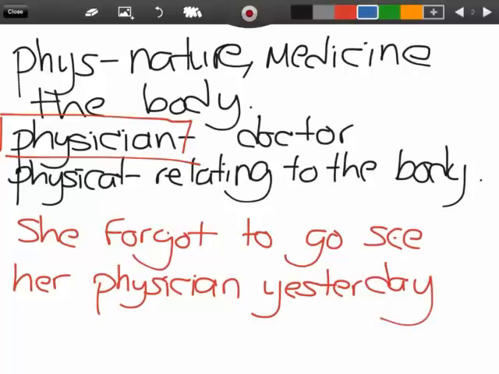And I'm going to go ahead and read that to you. She forgot to go see her physician yesterday. This is a very important root, so I'm going to go ahead and put a star here, and I'm going to put this in a box.